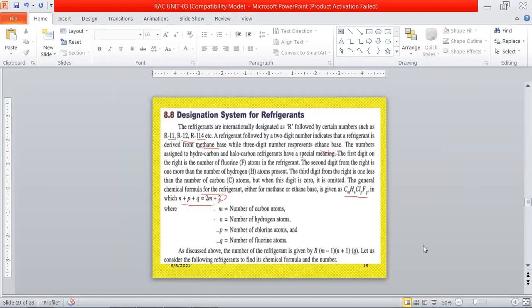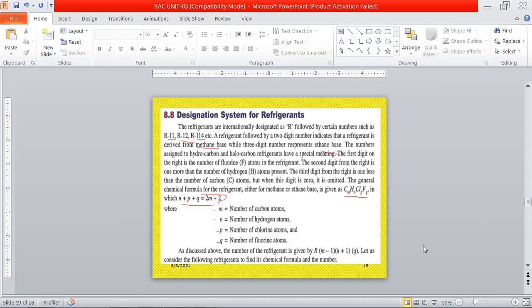Now if you see the designation of a refrigerant, as an example, if you want to know how R11 and R114 came about, we can discuss an example now. Also, if you see two digits next to R, it is methane based, and if it is a three digit number it is ethane based.